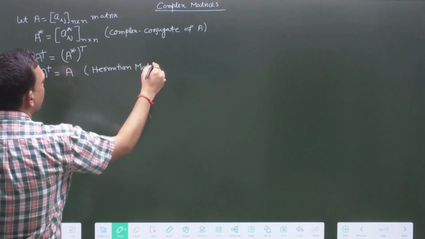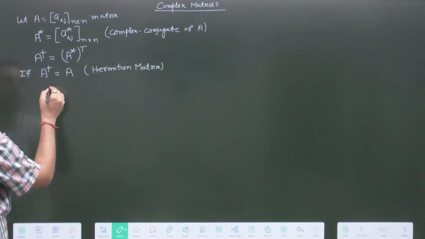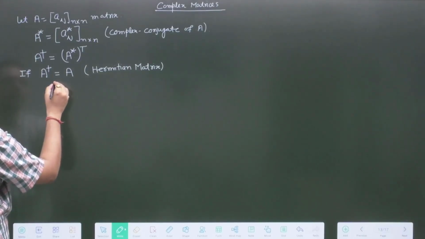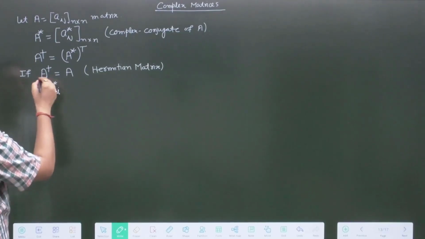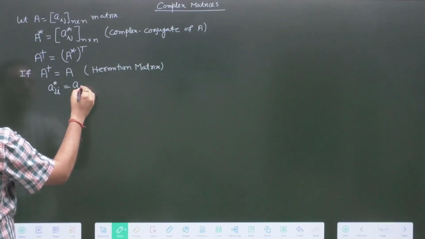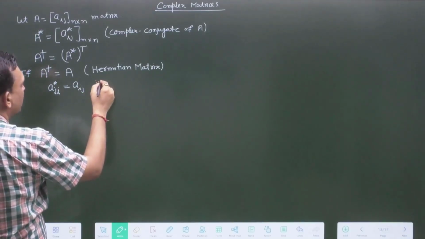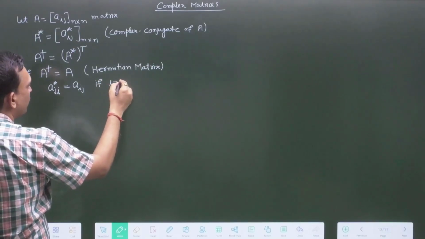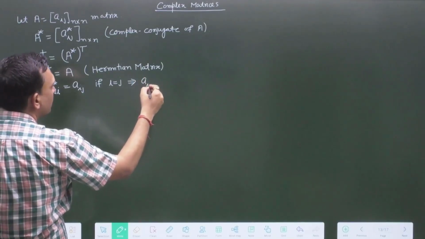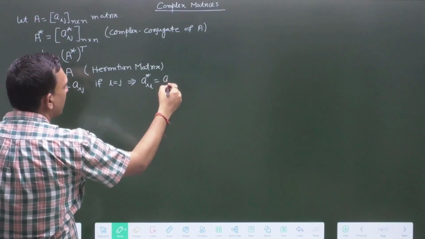It's a Hermitian matrix. And what will be the condition for a Hermitian matrix? You will get conjugate of A_ji, because the transpose is this value, and this should be equal to A_ij. So if i is equal to j, then this gives you the conjugate of A_ii is A_ii.